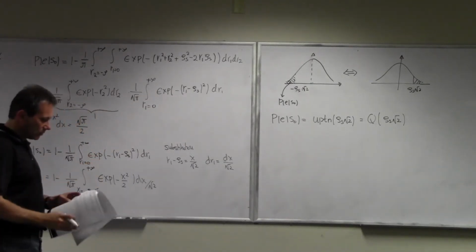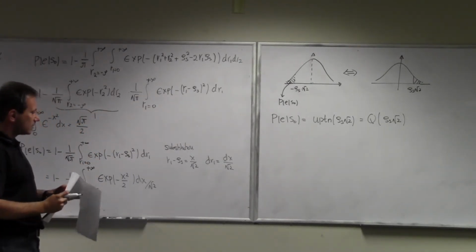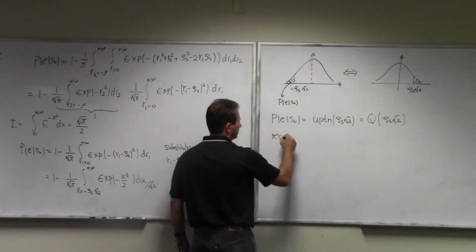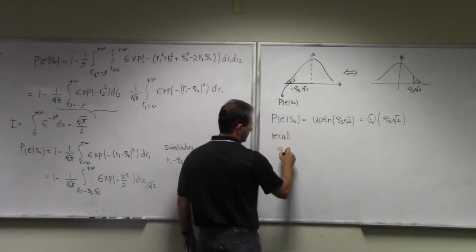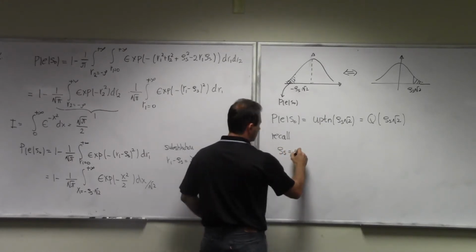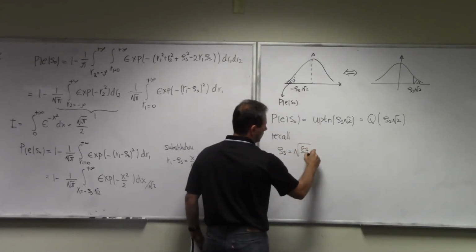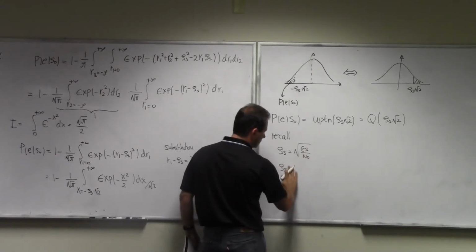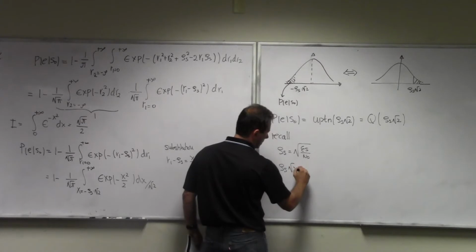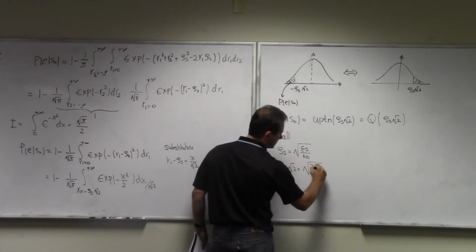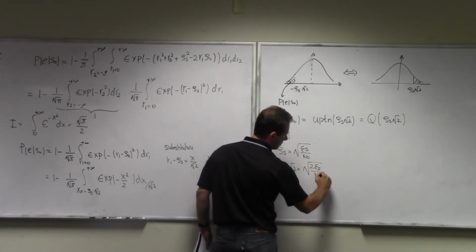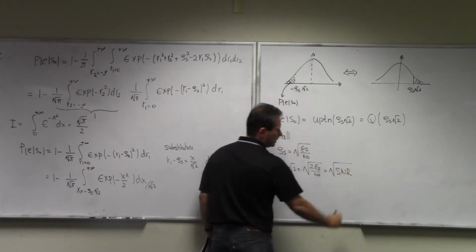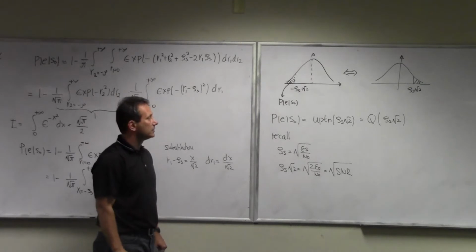Now, we need to go back and remember, what was this rho s? Recall, I defined it as square root of epsilon s over N0. Therefore, rho s times square root of 2 is going to be square root of 2 epsilon s over N0, which is square root of SNR, the output of your matched filter.